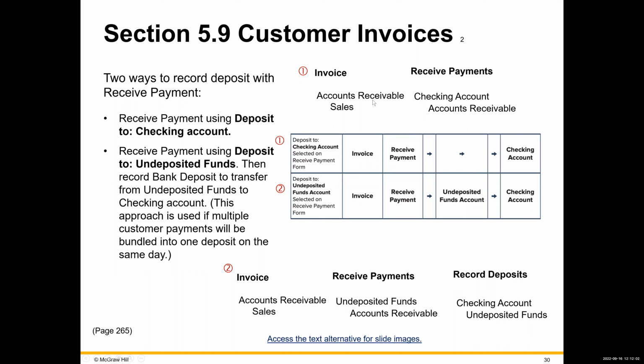So it's probably better to do it this way, where you invoice the customer, create the receivable and the sales, and then when you receive payment, he doesn't owe you as much anymore, so credit accounts receivable, and we'll put it to undeposited funds. Remember, undeposited funds is now payments to deposit.